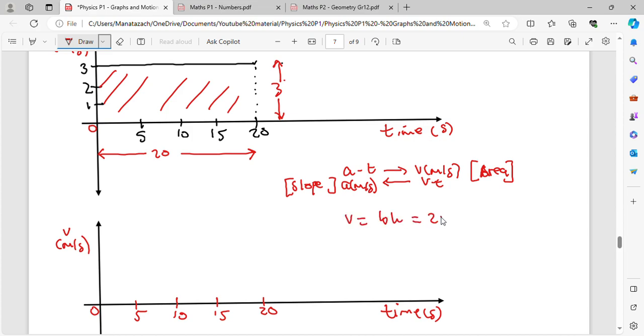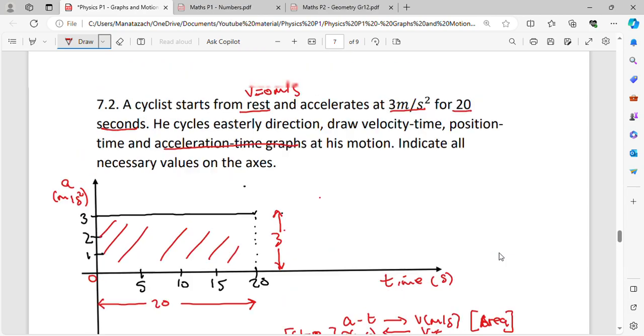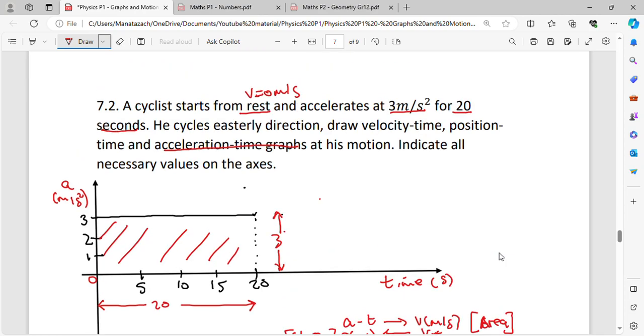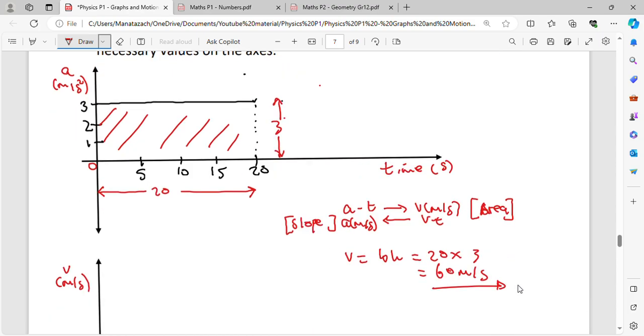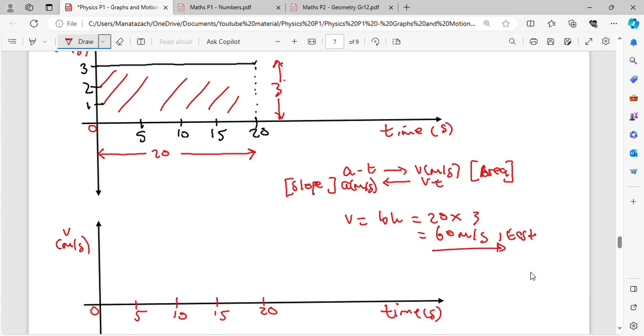The base is 20 seconds. The height is 3 meters per square second. So this will give us 60 meters per second in the original direction, since we're dealing with a vector quantity. So it's moving east, so we can just write here the motion is towards the east.